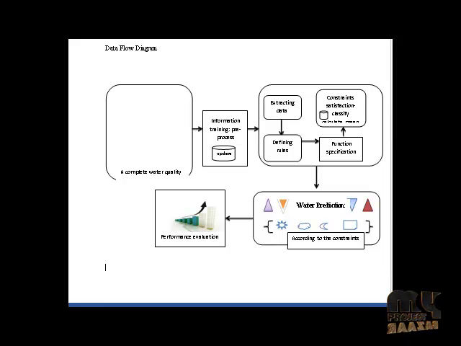Finally, we get the water predictions, so which water is best in the ponds, and calculate using a performance evaluation graph. According to the constraints, we calculate the mean value using the classification algorithm. So this is the major concept of this project.